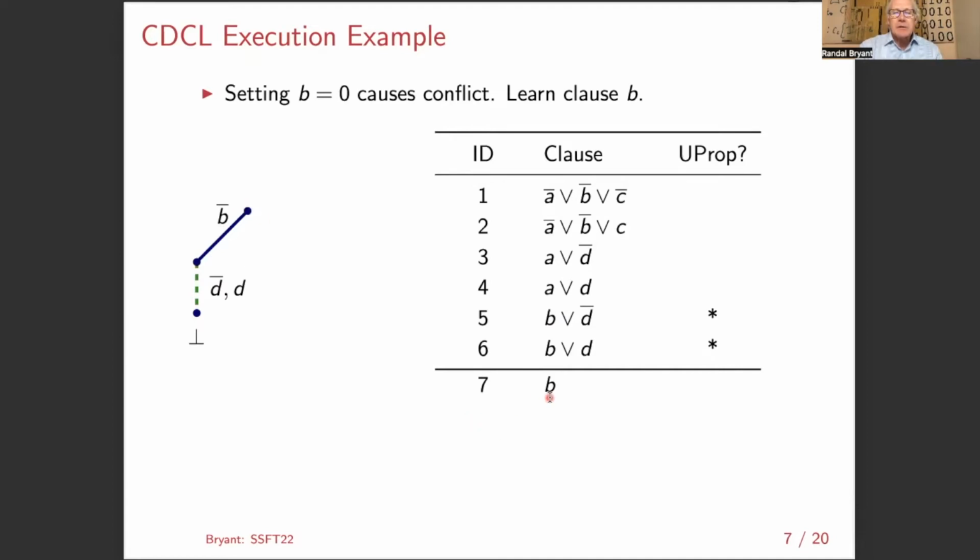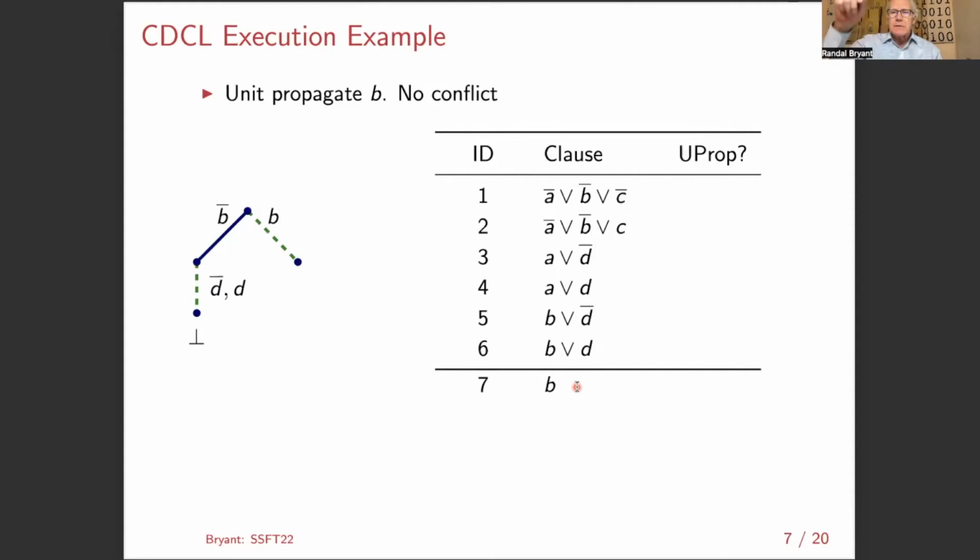And so I'll add a unit clause that I've learned, which is basically to take all the variables that I've made choices on along the path and complement them and produce a clause. So in general, it won't be a unit clause, but in this particular case, it is. Now let's go back again.